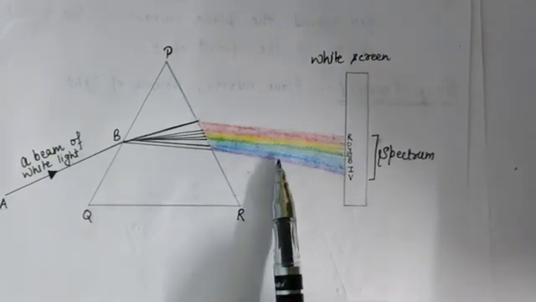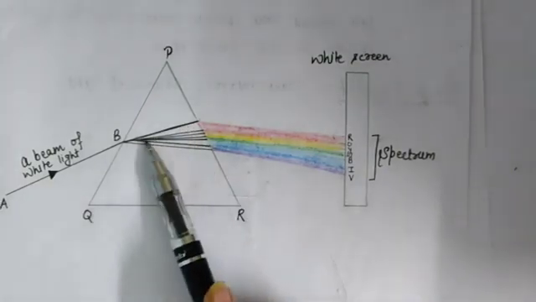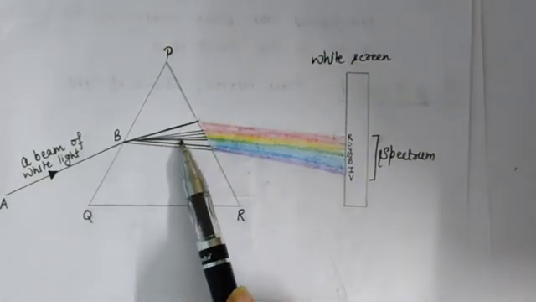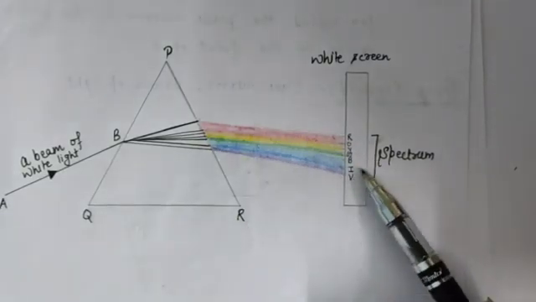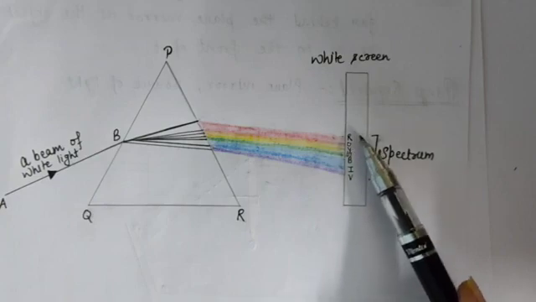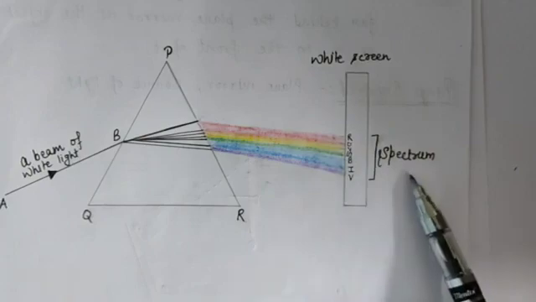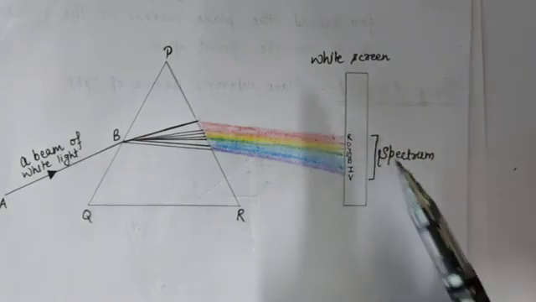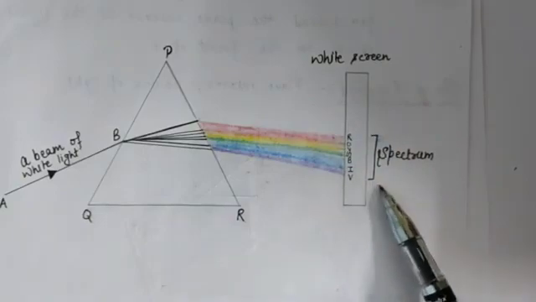Means when the light passes through the prism, it splits into 7 colors, and the colors are violet, indigo, blue, green, yellow, orange, red. And this band of 7 colors is called spectrum. This is a white screen on which the spectrum will be formed.